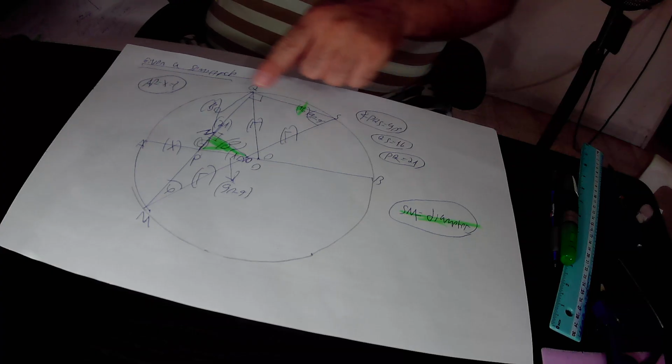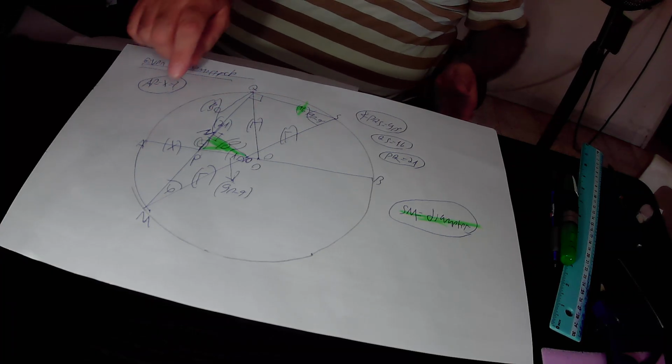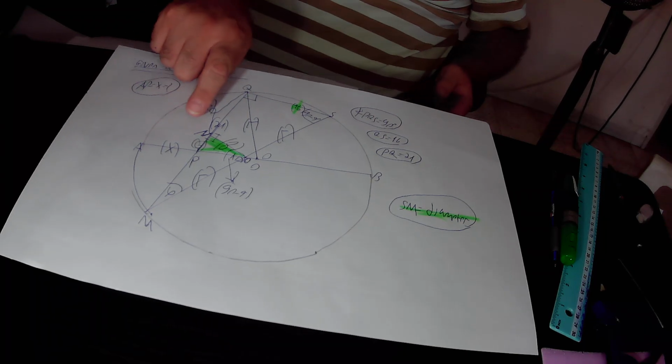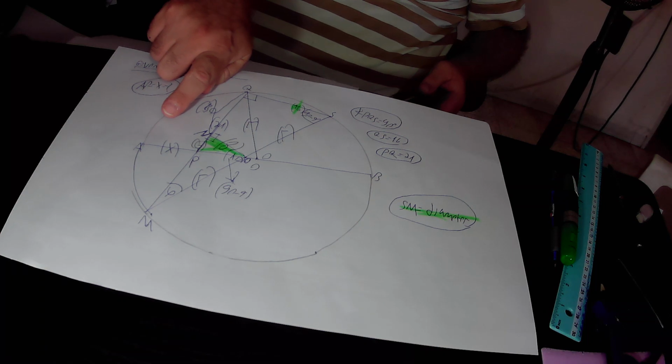We know that OA is also the radius of this circle. From the drawing it's very easy to see that the radius OA, that is equal to R, and R equals 17, is equal to AP plus PO.